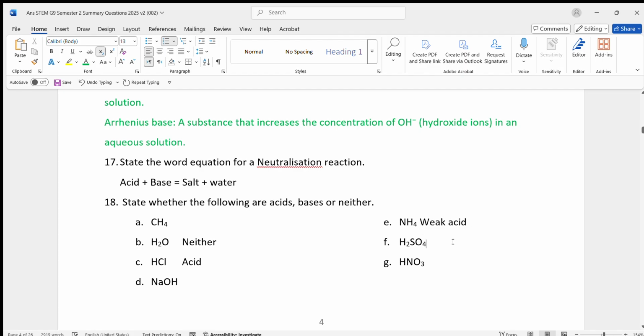H2SO4 is also an acid because it has H in it, so I write acid here, and then HNO3 again is an acid. Now what is left? Sodium hydroxide, which ionizes to give OH, is a base. We discussed the definition. You can see this is a base here, and CH4 is none of them.